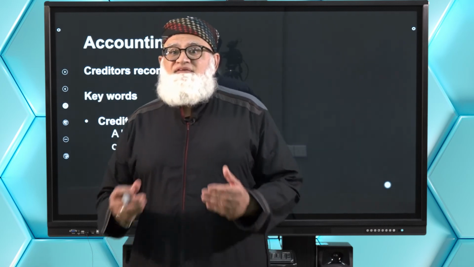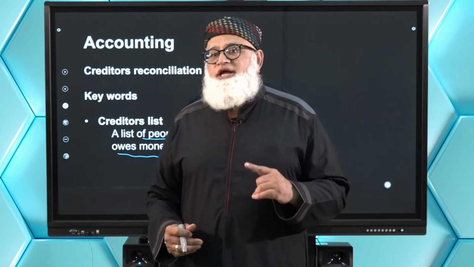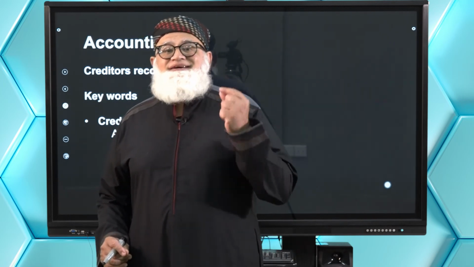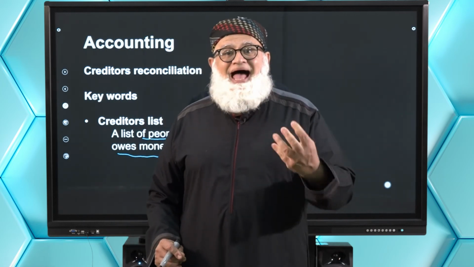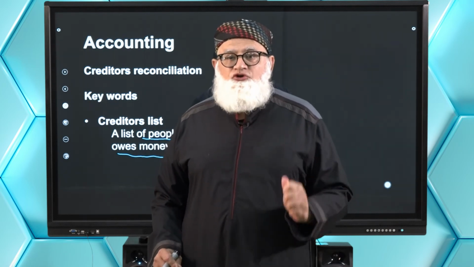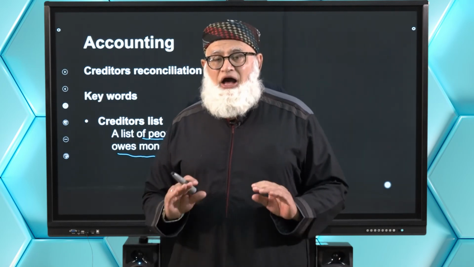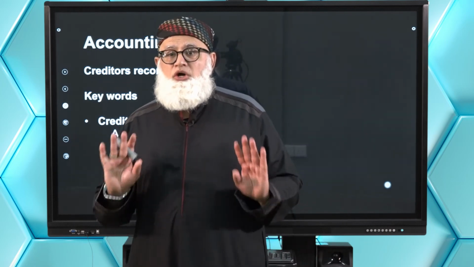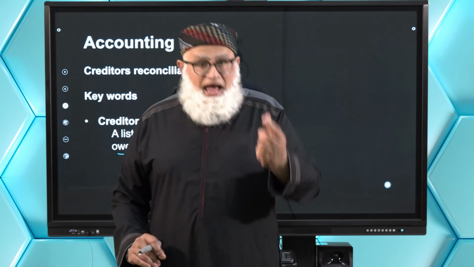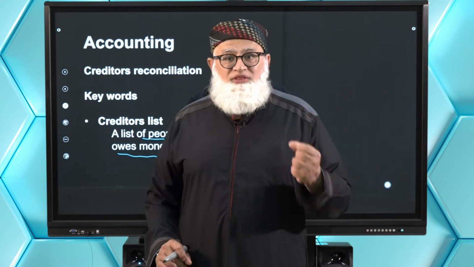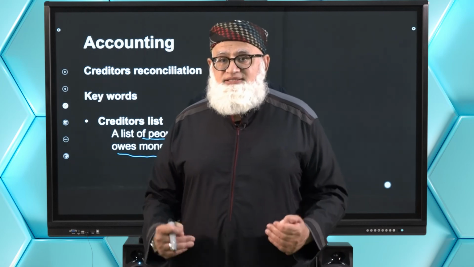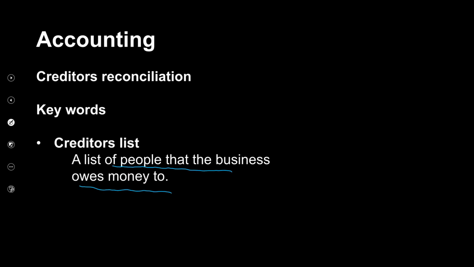But the focus of today's lesson is not to reconcile the control account with the list, rather to reconcile the creditor's individual account as it appears in our ledger with the statement that we are receiving from a specific creditor. I hope that clarifies it. So now we know what our goal is. Our goal is to reconcile a particular creditor's statement with that creditor's ledger account as it appears in our creditor's ledger. Okay, we got that?